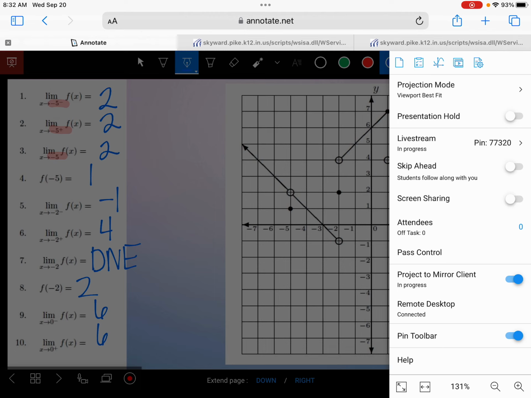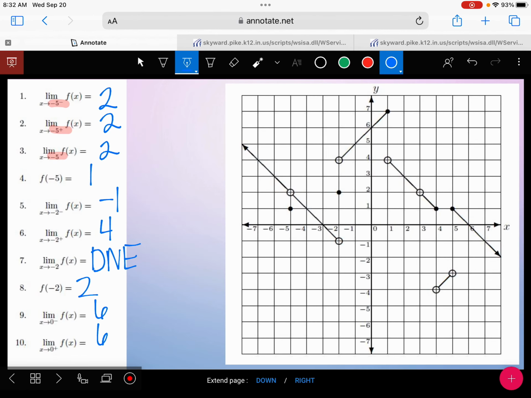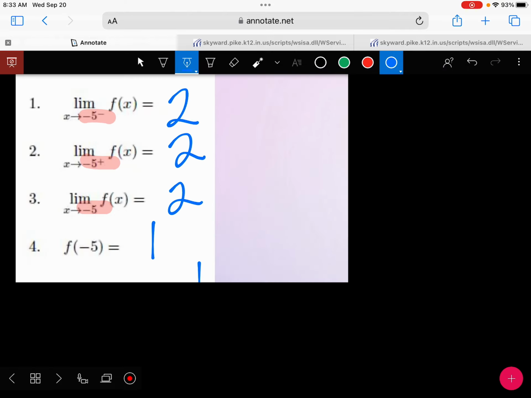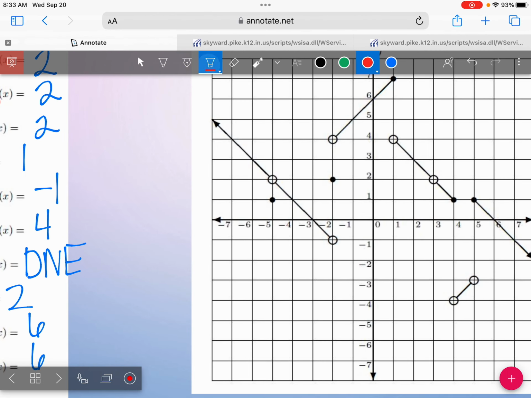For the first one, where it says -5, the first thing I do is look at the graph at -5. When you look at x equals -5, that would be right here.